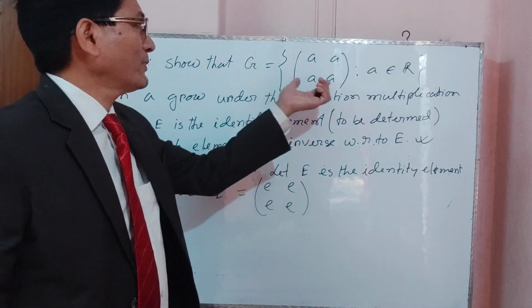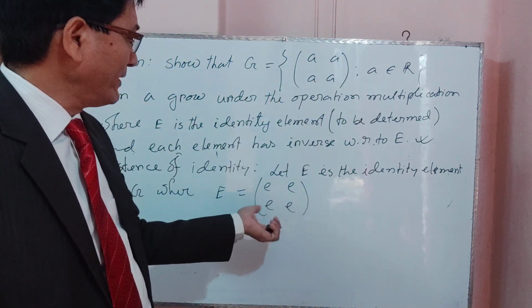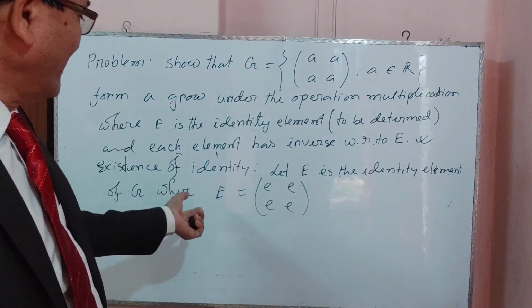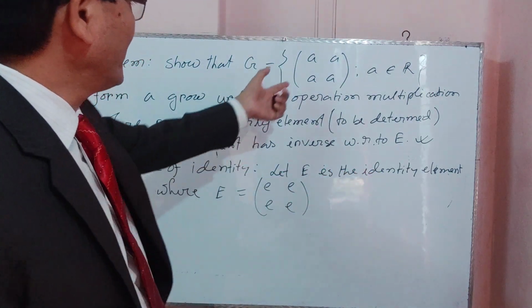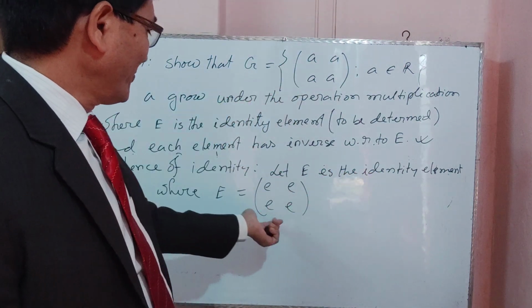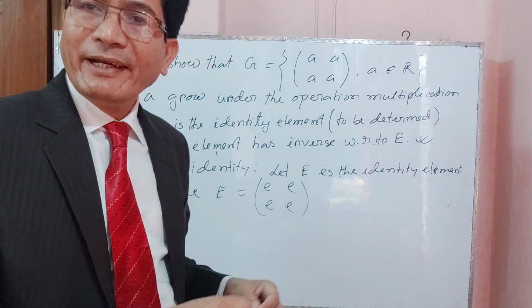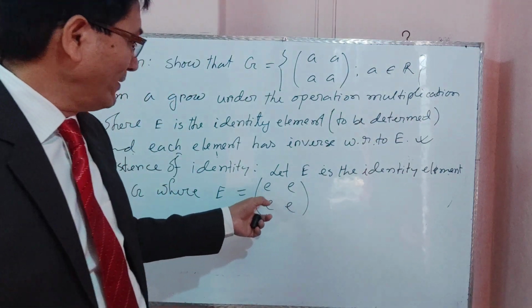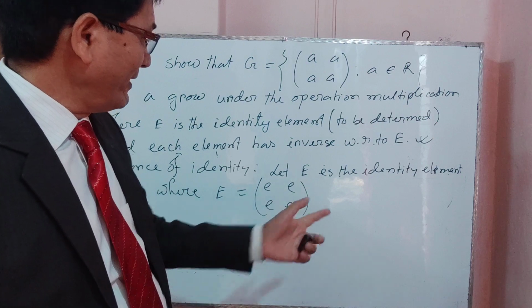We know whatever will be the element of G, all the entries of the element will be the same. That's why, as we propose E is the identity element of the set, all the entries will be the same, so all entries have become E, E and E.